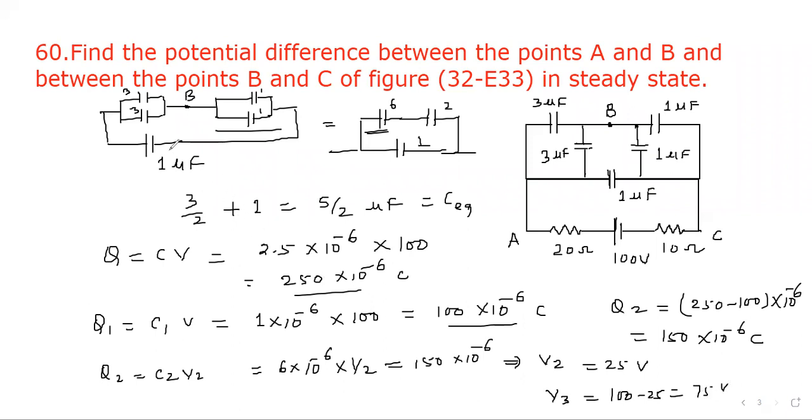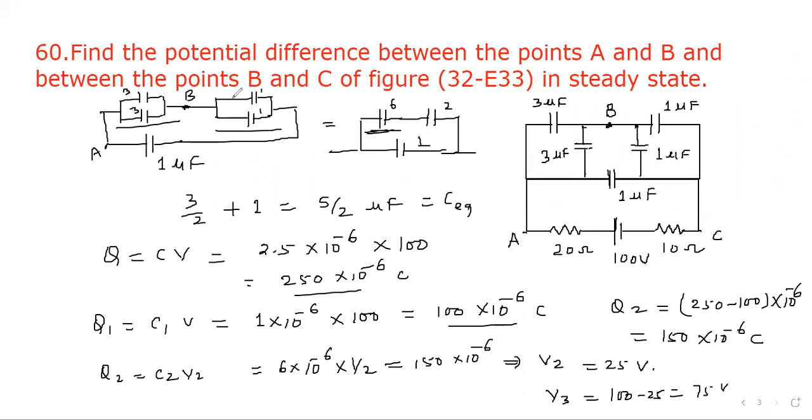And our concern was to find the voltage between points A and B. That is, this is A, this is B. As we have seen, the voltage drop across this 6 microfarad capacitor is 25.